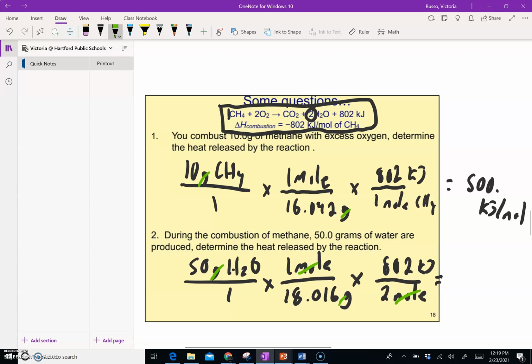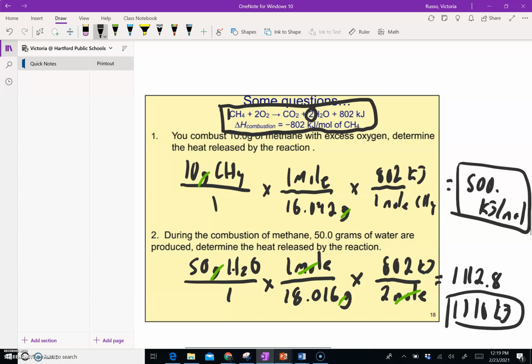When you do this math, you do 50 divided by 18.016 times 802 divided by 2, and with sig figs, since it's only 3 sig figs, you get the answer here.